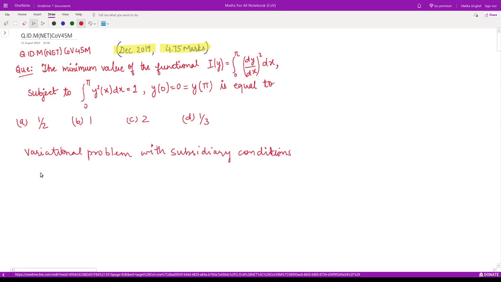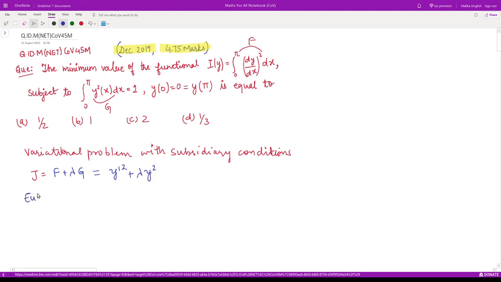We construct another functional, say J, which is equal to, if this is f and this is g, then we can write this as f plus lambda times g, which is equal to y dash square plus lambda times y square.